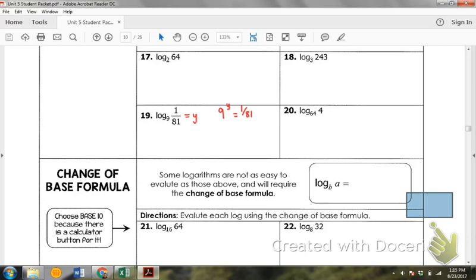Okay, so we're trying to solve this. Any ideas what we need to do before we go forward? Someone who I haven't heard from yet today. Change the 81 to 9 squared. Okay, but it's 1 over 81, so what do we do with fractions? We change it to a negative exponent. Yeah. Lexi? We're going to change 1 over 81 to be 81 to the negative 1 power.